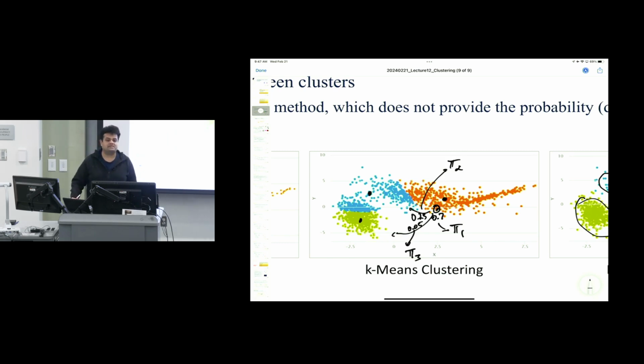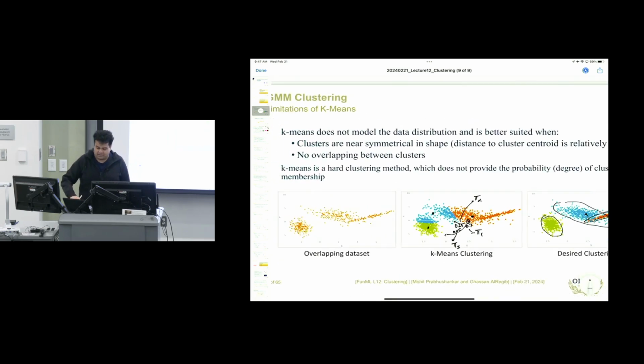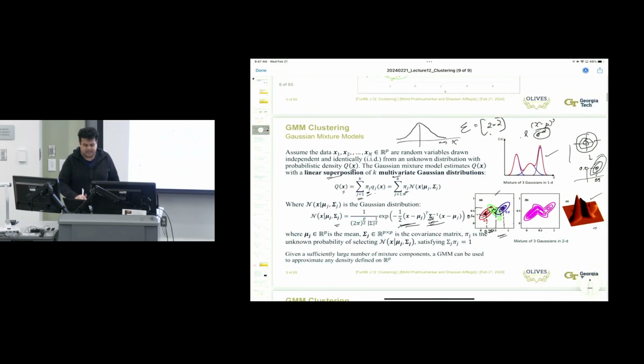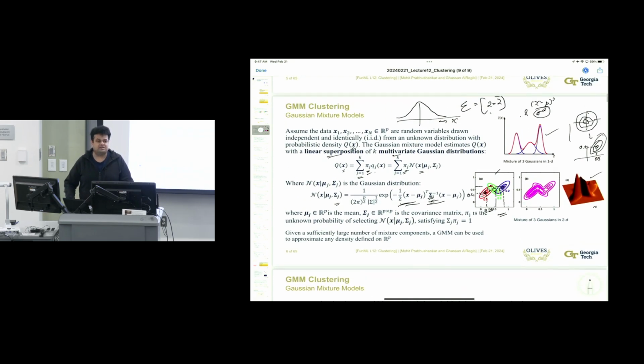So these are the priors associated with every single data point, its membership towards a particular cluster, and when it's linearly superposed against its corresponding Gaussian distribution, just a simple addition should give you back the data. This is the major assumption that we are making within GMMs, or Gaussian mixture models. Any question about the motivation, about what we are discussing here?